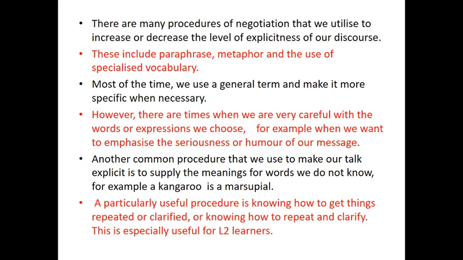So there are many procedures of negotiation that we utilize to increase or decrease the level of explicitness of our discourse, to make our discourse clear or understandable, a known topic. These include paraphrase, metaphor, and the use of specialized vocabulary.